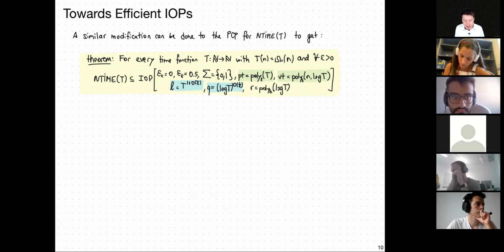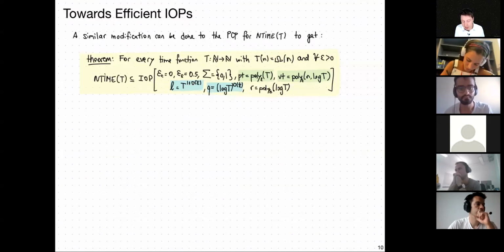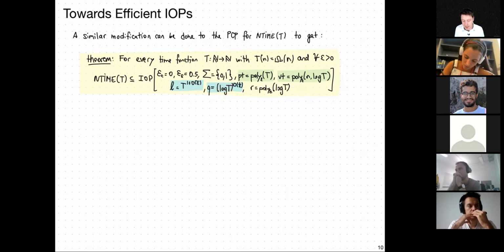Basically, it says for any time t computation, in fact even non-deterministic ones, you can get the proof length to be t to the 1 plus epsilon with a query complexity that has a trade-off on 1 over epsilon. And you know, polylogarithmic running time, polynomial running time here. So it's pretty good.